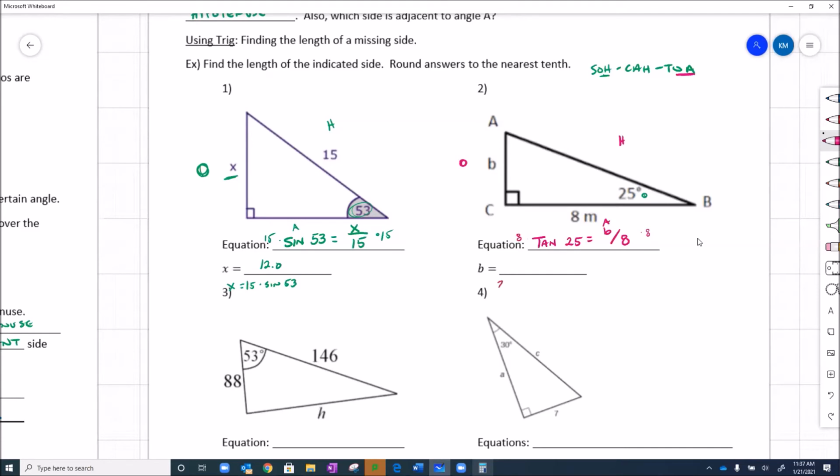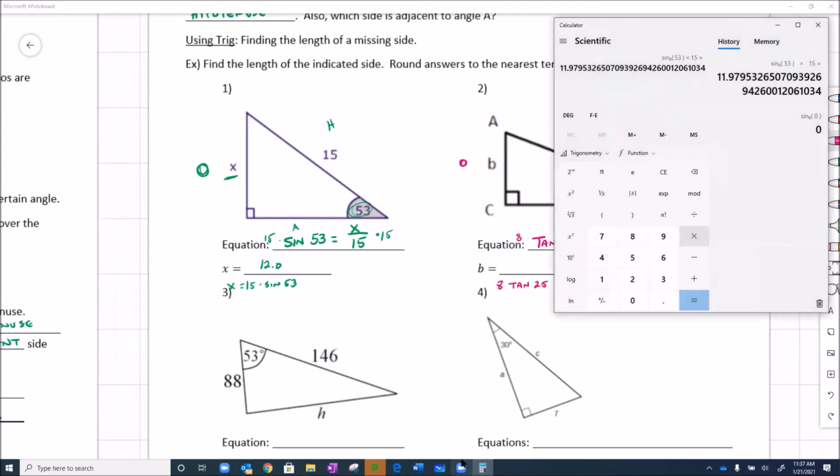So I have 8 tangent 25 equals B. Now that I have that set up, I can go to my calculator: tangent 25, that value times 8. All right, and so that is 3.7.